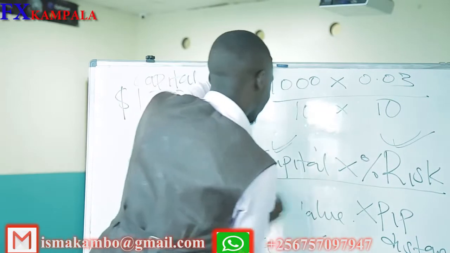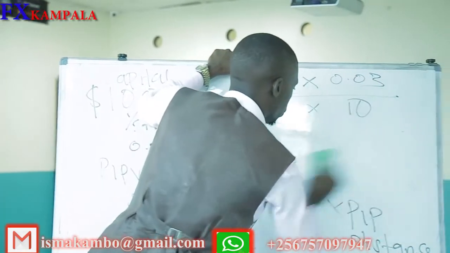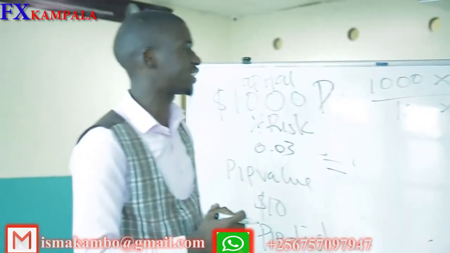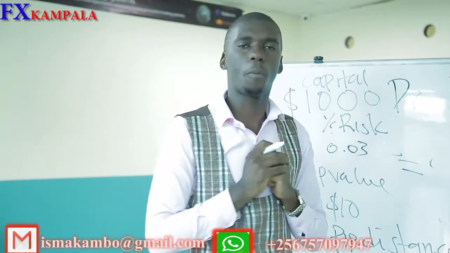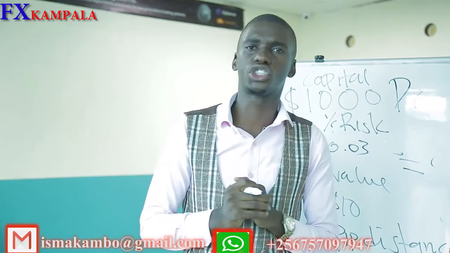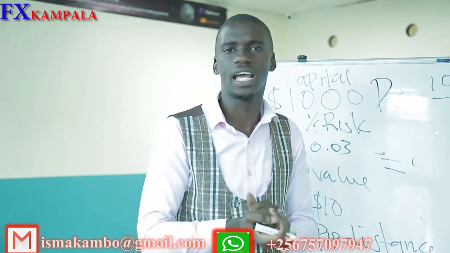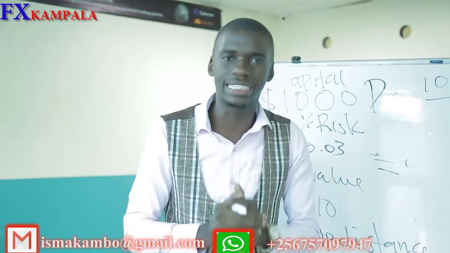When you calculate this out, you get a lot size, which is the lot size you put in your platform to adjust your stop loss and your take profit as per the planned levels or prices.